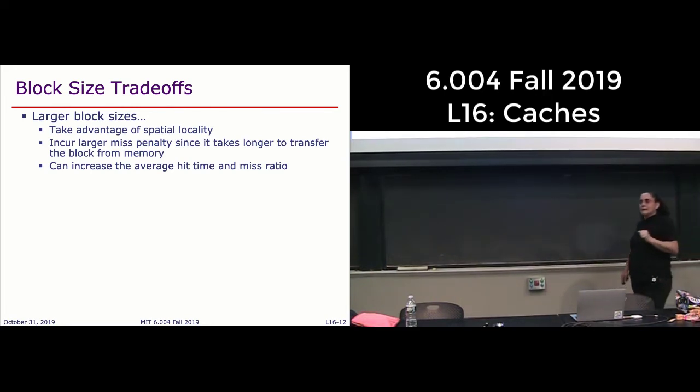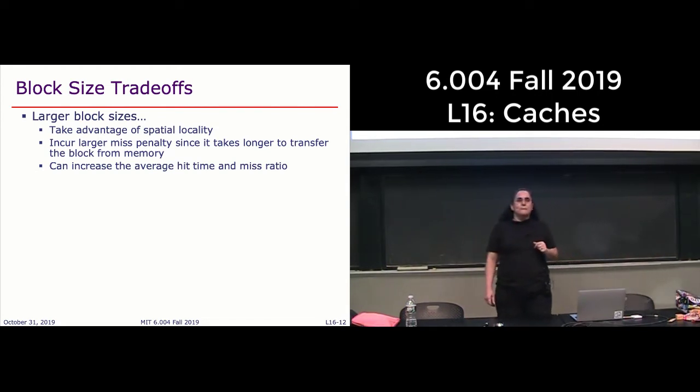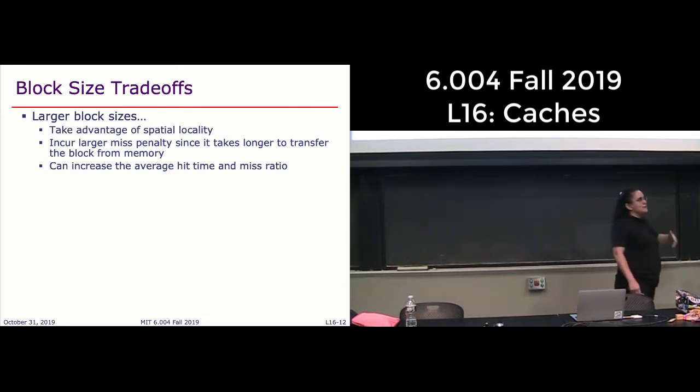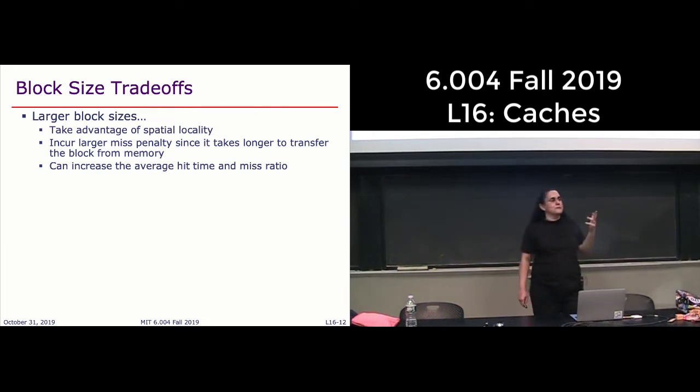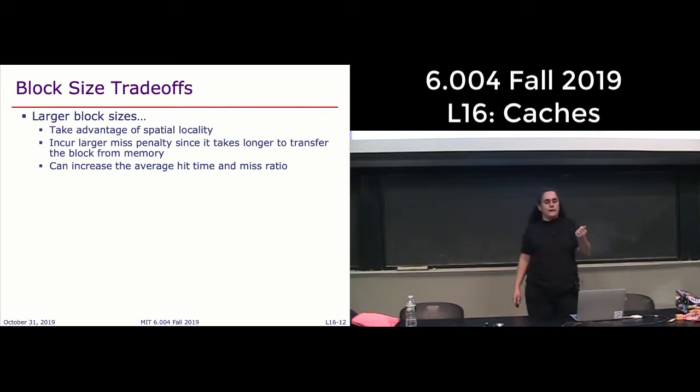Okay? So it does make sense that larger blocks are going to help us, but how large should they be? Okay, well, as we start to make our block size larger, we're going to be able to take advantage of spatial locality, as we mentioned. But every time we fetch 4 pieces of data instead of 1, it does cost a little bit more than fetching just 1 piece of data, and so my miss penalty is going up.